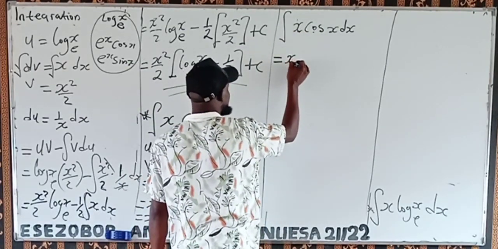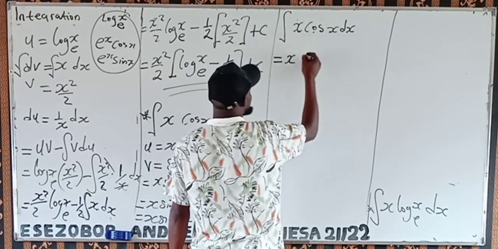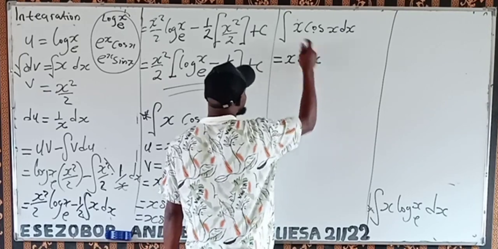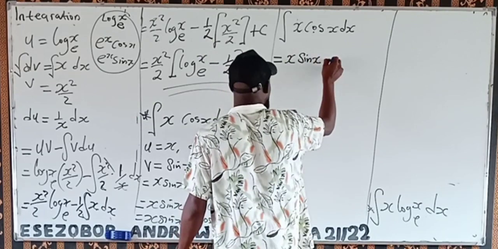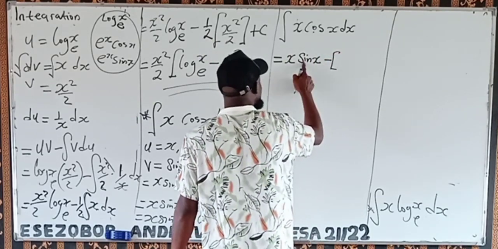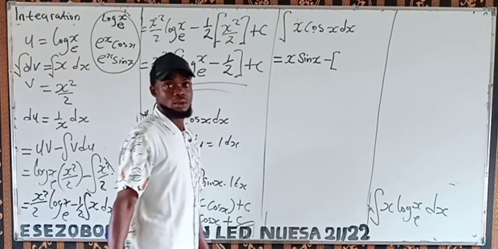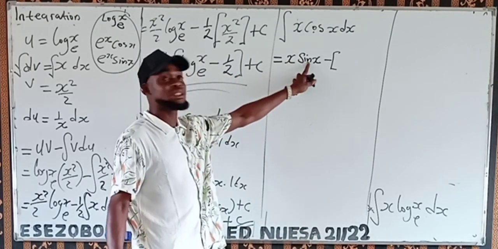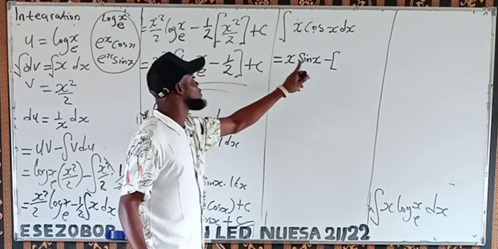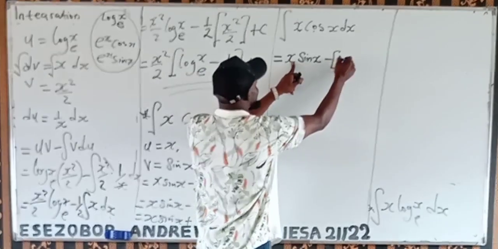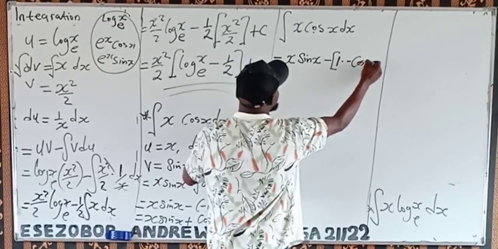So you write out that u. Then you integrate the other one. Integrate cos x, I'm going to have sin x. Then you are done with that part. From that formula, the next thing is minus. Then you start integrating the v and differentiating the u. Differentiate this one, you have 1 times integrate sin x, you have minus cos x.